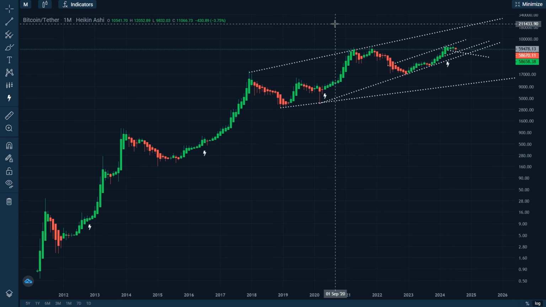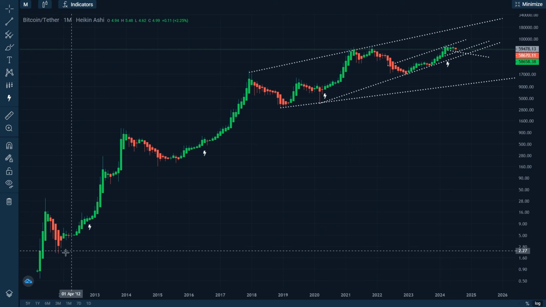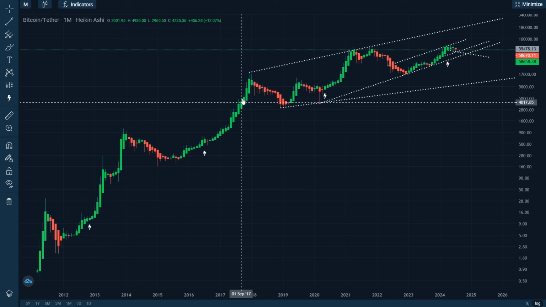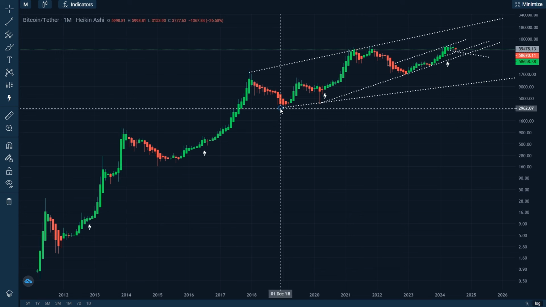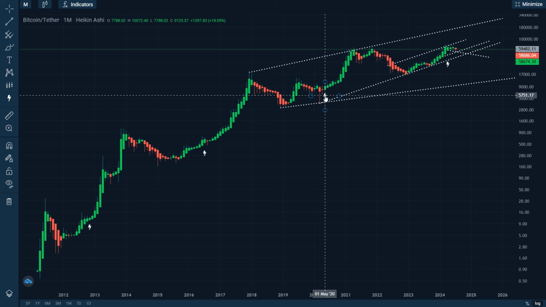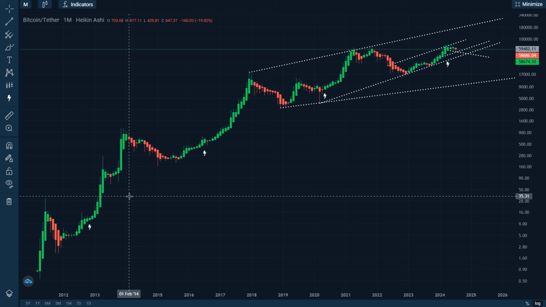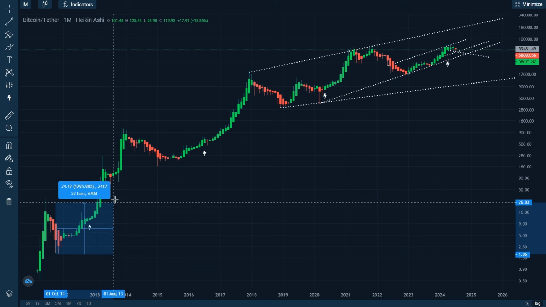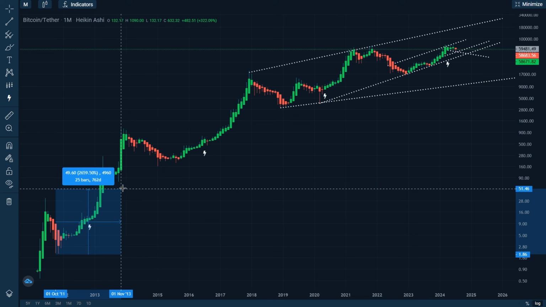Now we're going to look at from the bottoms to the tops, how many days it takes for this to occur, and if there's a pattern that reoccurs, the same as our sequence of halving events. All right, let's go. So I'm saying it's about 1,035 days for each cycle, just to get you up to speed.